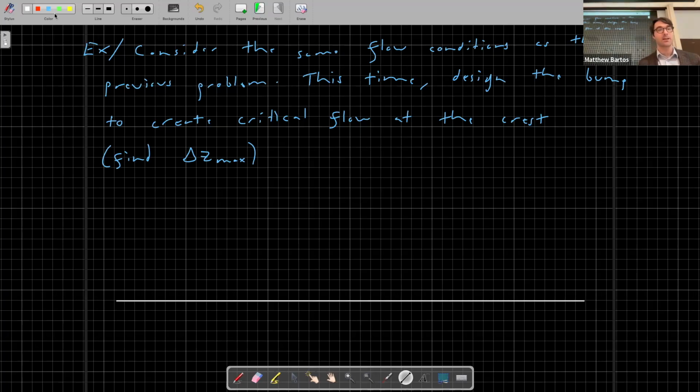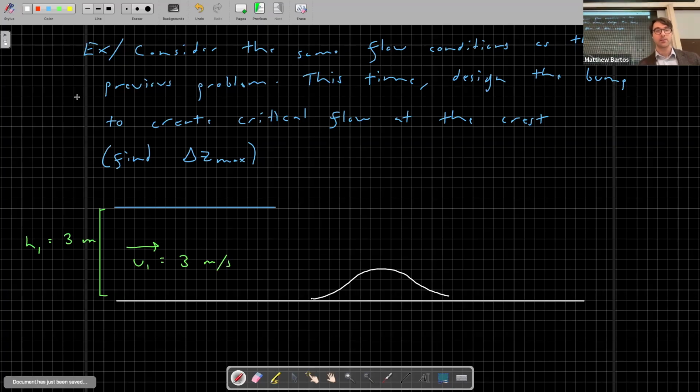So we have the same exact problem as before. We have flow coming in, a height H1 equal to 3 meters, U1 equal to 3 meters per second. It encounters a bump. This time we don't know how high it is.